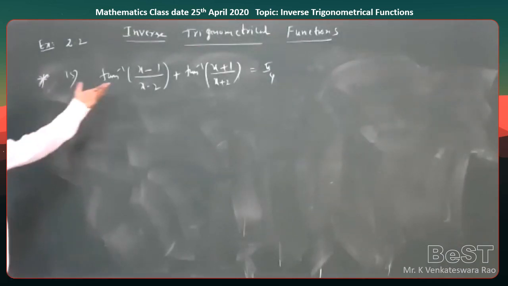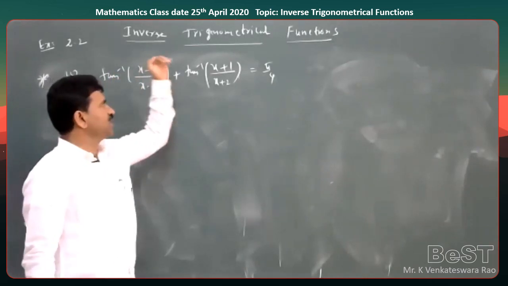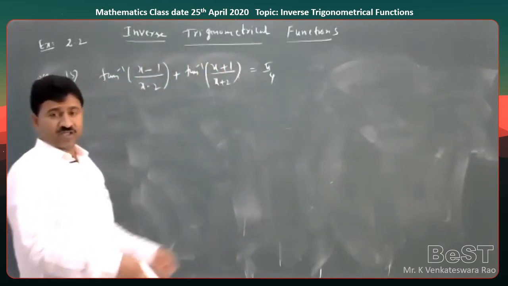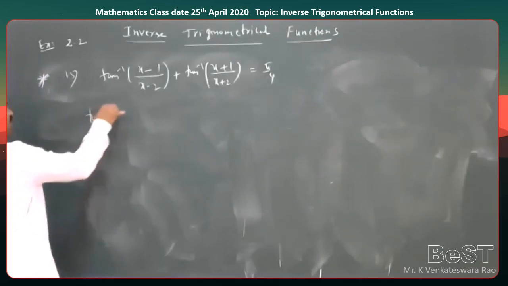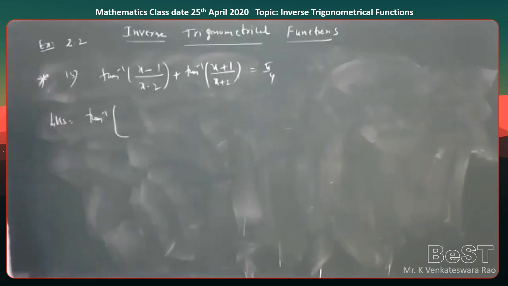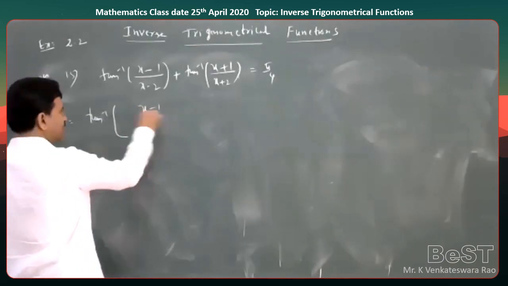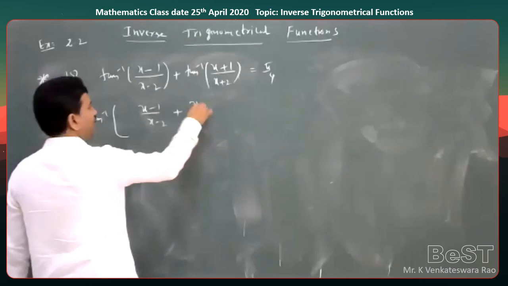Very simple. How is the left hand side? Just like the tan inverse of x plus tan inverse of y formula, apply it. Taking LHS, tan inverse of x plus tan inverse of y directly. What is the x value? X minus 1 by x minus 2. What is the y value?